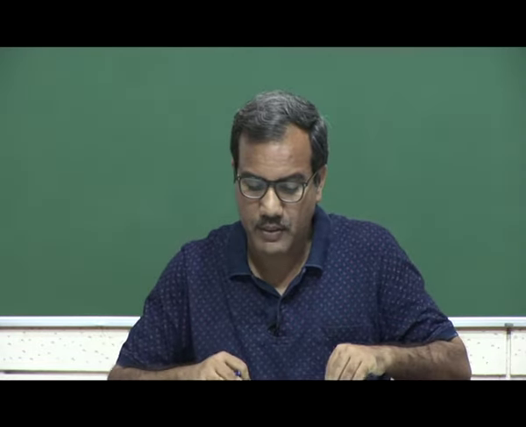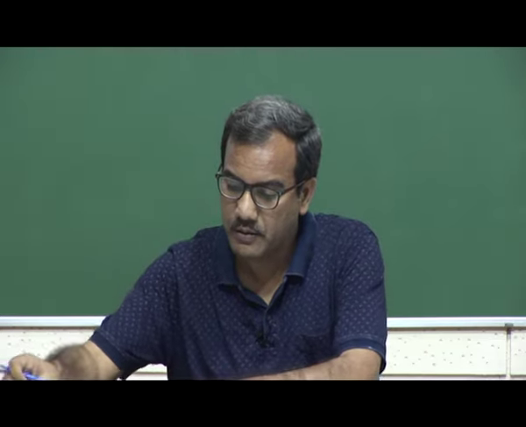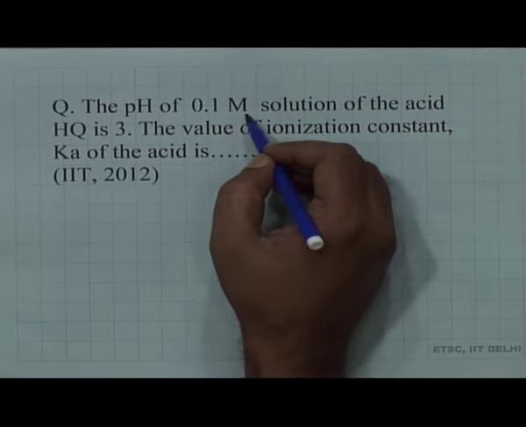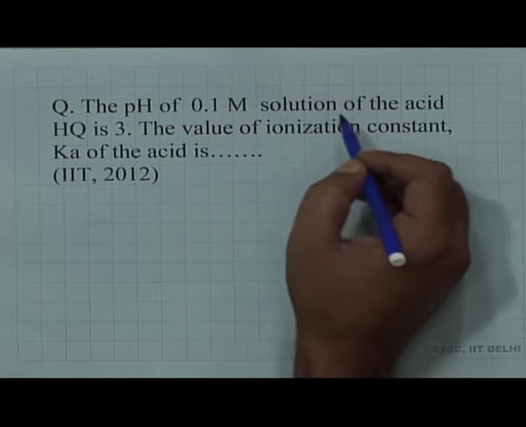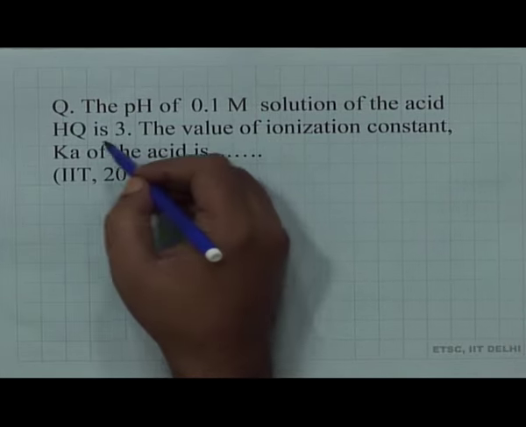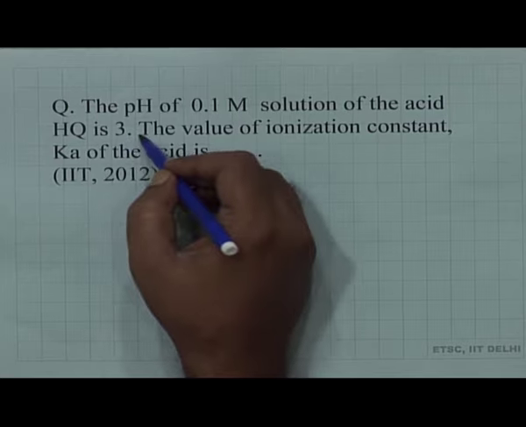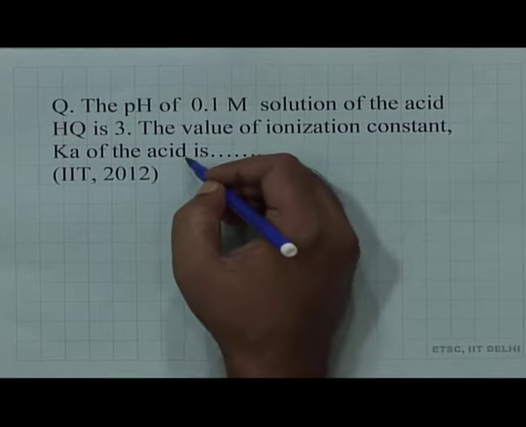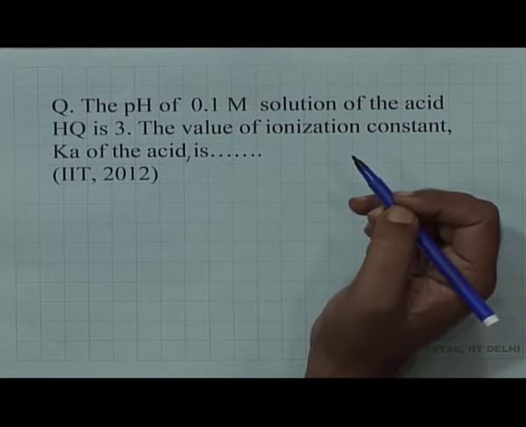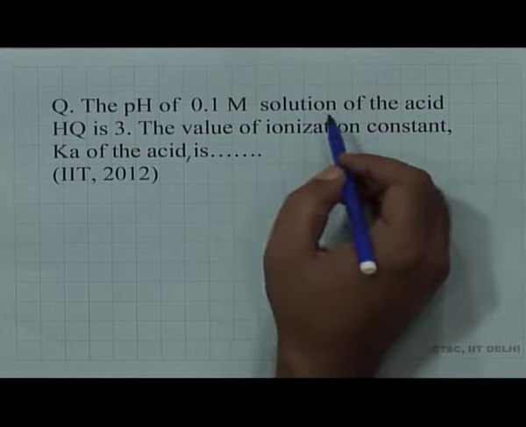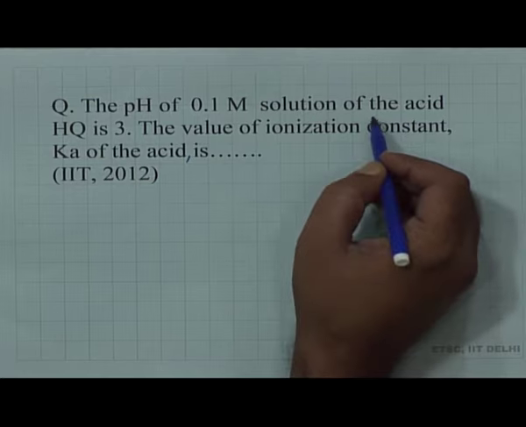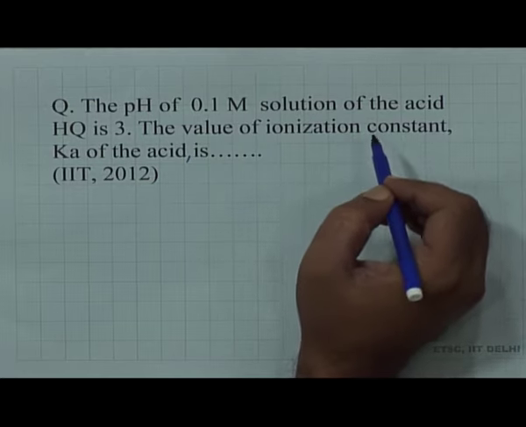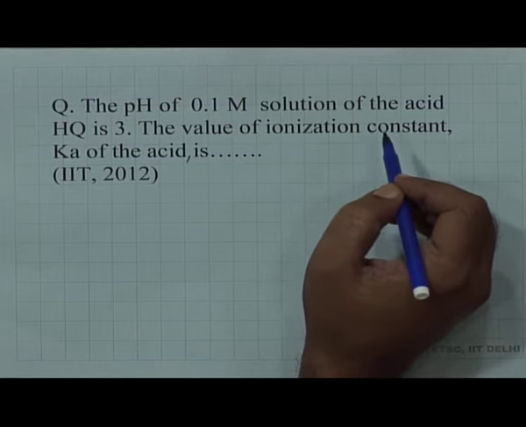Now, next question is this: the pOH of a 0.1 molar solution of the acid HQ, a weak acid, is 3. The value of the ionization constant Ka of the acid is. Okay. So, pOH is given for the acid and you have to tell Ka, what is the value of Ka.